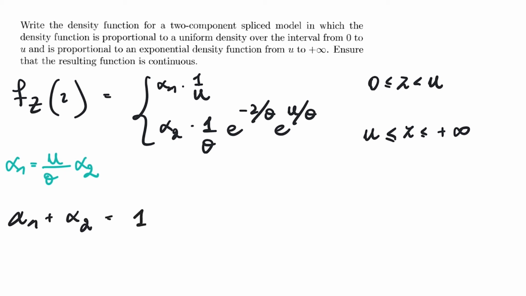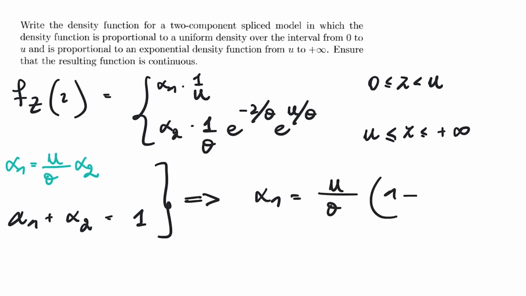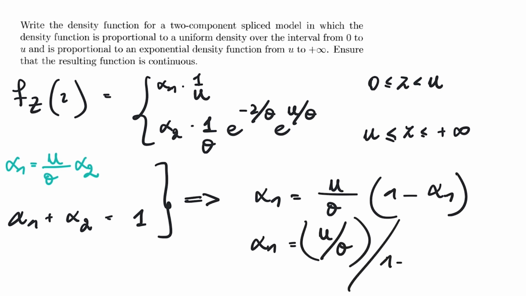From this, we see that alpha 1 is equal to u divided by theta times 1 minus alpha 1, such that alpha 1 is equal to u divided by theta divided by 1 plus u over theta, which is equal to u divided by theta plus u.